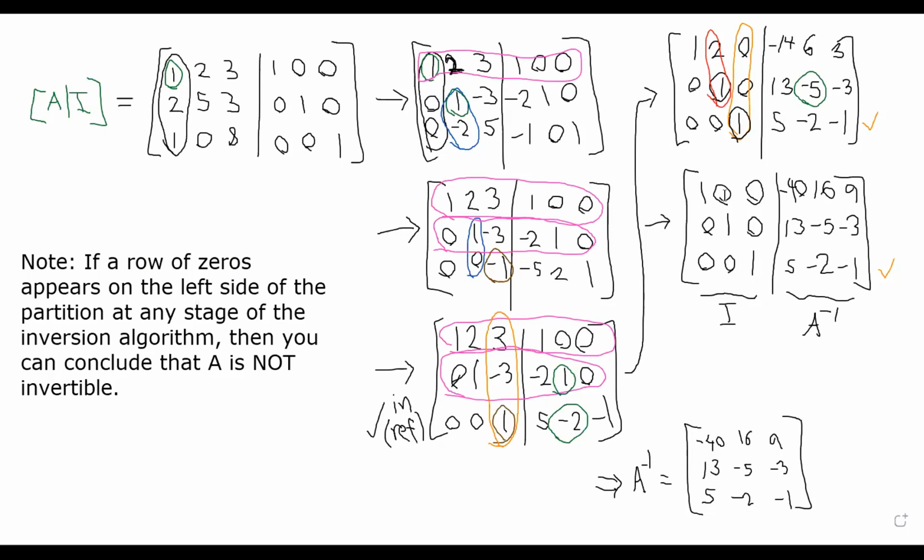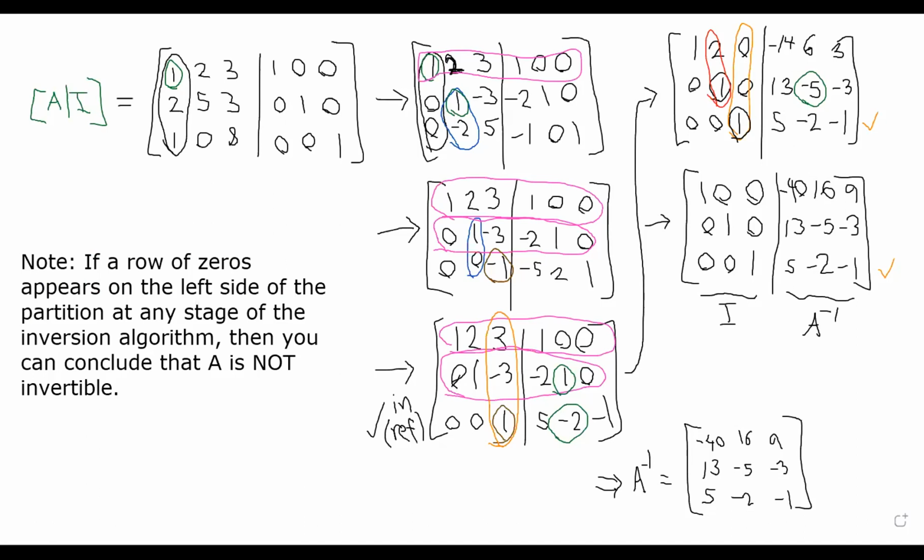Any matrix that is invertible, you can convert it to the identity matrix using only elementary row operations. And if you can't do that, then it's not invertible. And so the inversion algorithm will also tell you whether or not a matrix is invertible by whether or not the procedure produces a row with only zeros on the left-hand side of the partition.